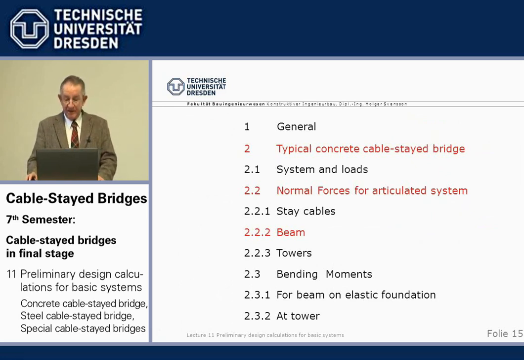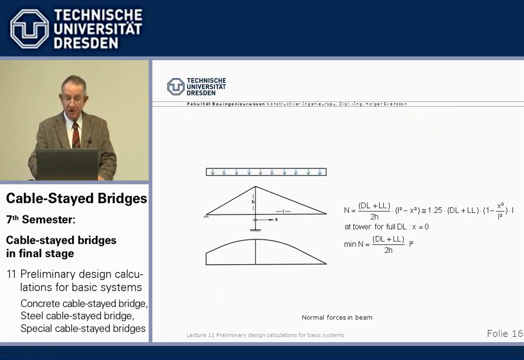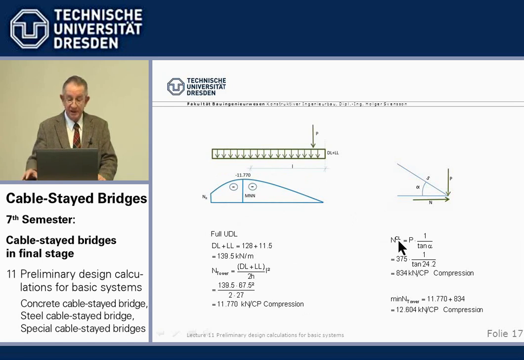Now, we look into the normal forces of the beam. There in the lecture before, I gave you a complete formula if we have the live load and the dead load here over this system. Can do it directly, and we arrive at the maximum compression from dead full UDL, full uniformly distributed load of 11,000 at the tower.